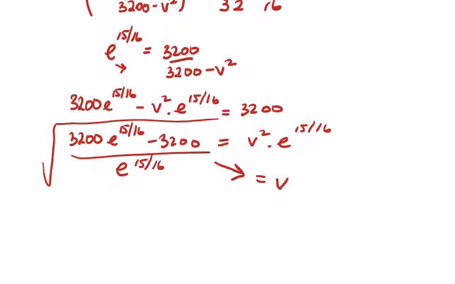Typing this into a calculator twice, just check your answer. V is equal to 44.1232. We were asked for 2 decimal places, 44.12 meters per second.